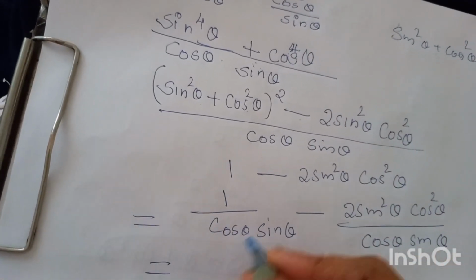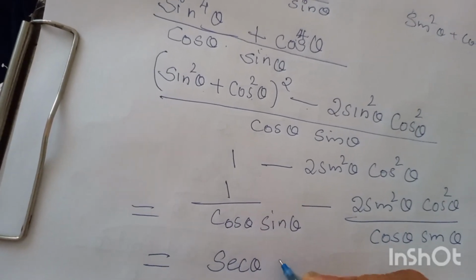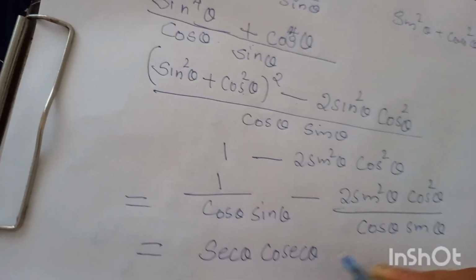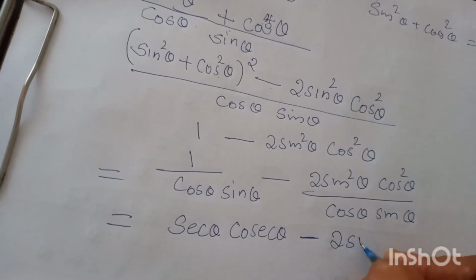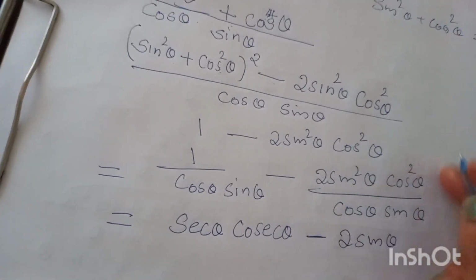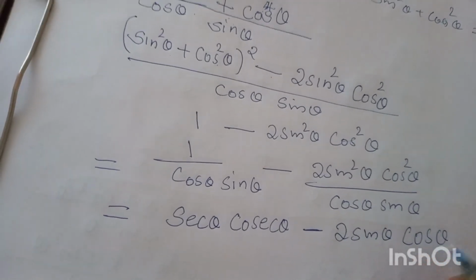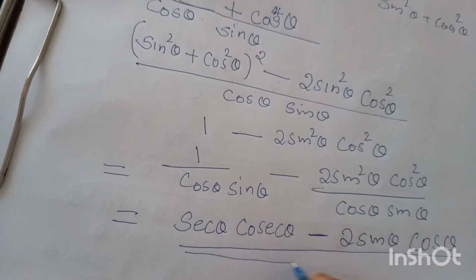So we get 1 by cos theta, sec theta, 1 by sine theta, cosec theta, minus 2 sine theta. One sine theta will cut, one cos theta will cut. So 2 sine theta cos theta we get. This is RHS, hence proved.